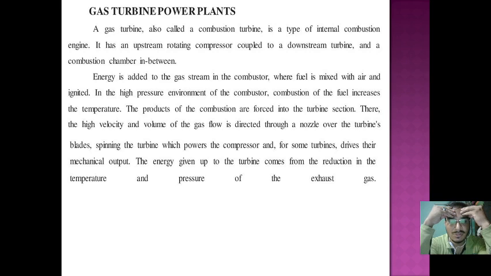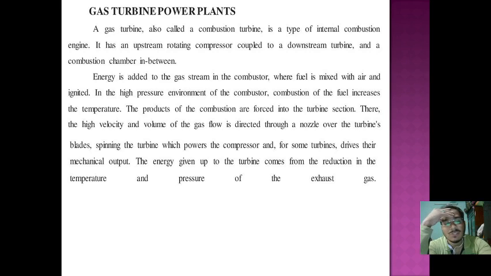With the help of the nozzle we produce high velocity gas through the turbine blades, spinning the turbine, which powers the compressor. By the passing of this gas, the turbine's blades move and drive the mechanical output. The energy given up to the turbine comes from the reduction in the temperature and pressure of the exhaust gas.